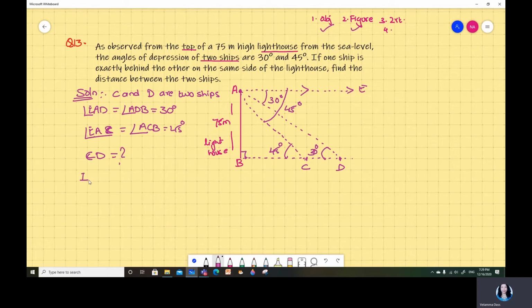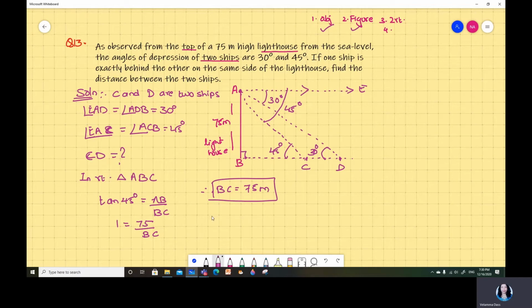So let's start. In right triangle ABC, we'll consider tan 45 degrees. So tan 45 will be equal to AB upon BC. Tan 45 is 1, AB we have got 75, upon BC. So from this we get BC equals 75 meters. Once we have got BC, can we find BD by considering triangle ABD?